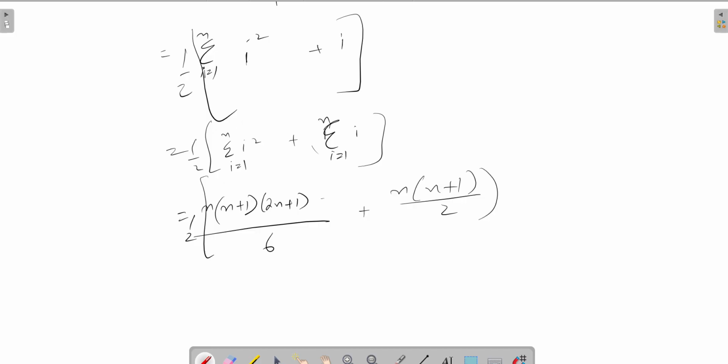Now just to be clear, this one is the sum of the first n natural numbers, and this is the sum of the squares of n natural numbers, so there's a difference there that we need to be aware of.